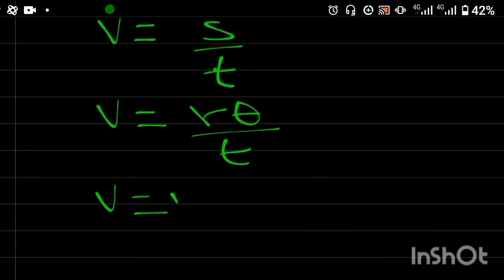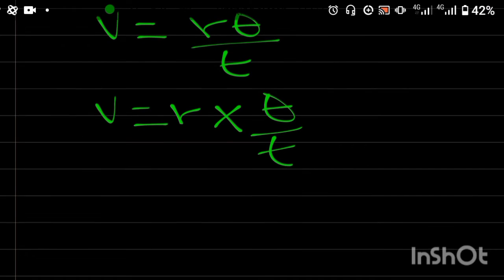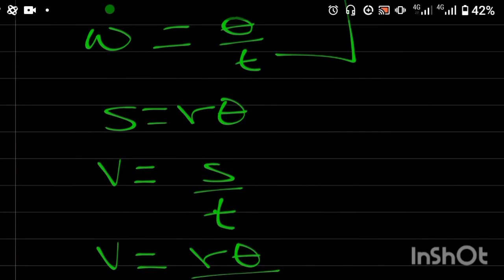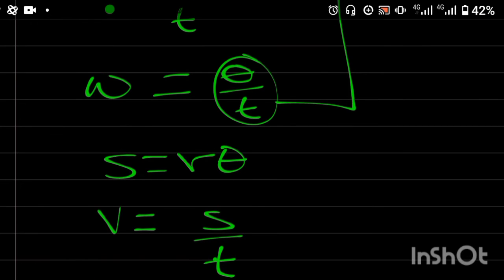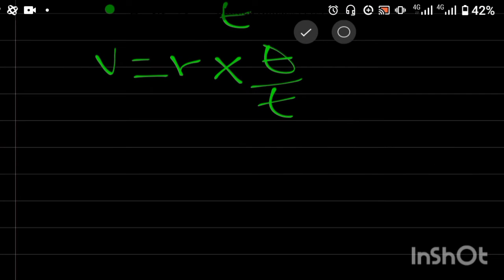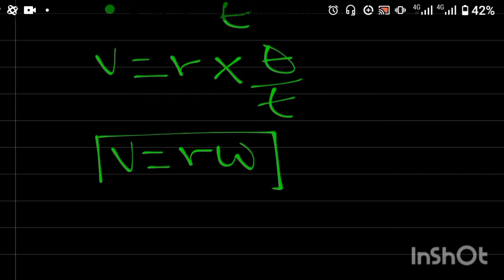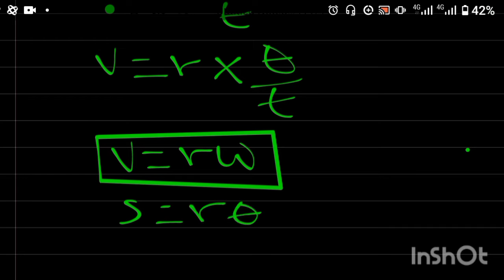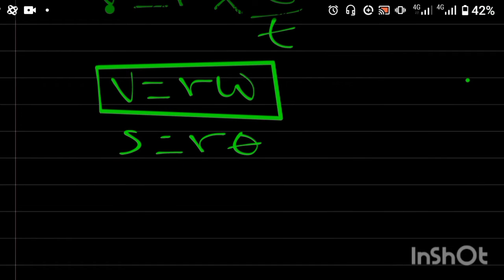Therefore, V is equal to R times theta over T. But theta over T is equal to my angular velocity omega. Therefore, V is equal to R omega. So take note of that. V is equal to R omega, while S is equal to R theta. We've gotten the relationship between velocity and omega.